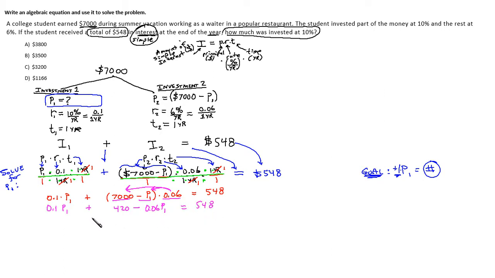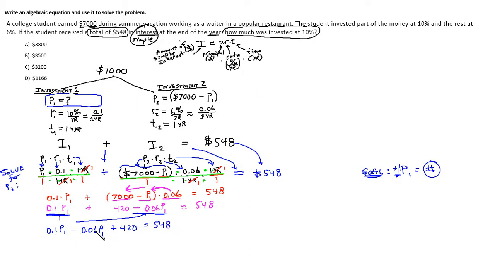Now, what we have here are like terms. We have P1 to the first and P1 to the first. What we have is 0.1 P1 minus 0.06 P1. So when we bring these together, it's 0.1 P1 minus 0.06 P1, and then I'm rearranging a little to bring these like terms together, plus 420 equals 548.